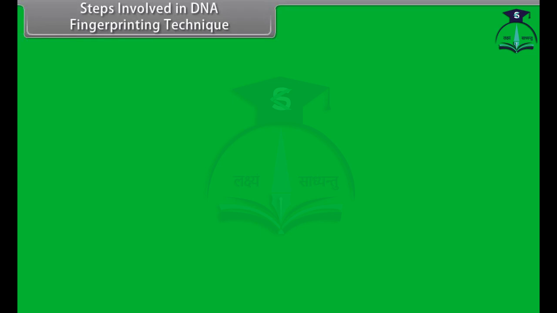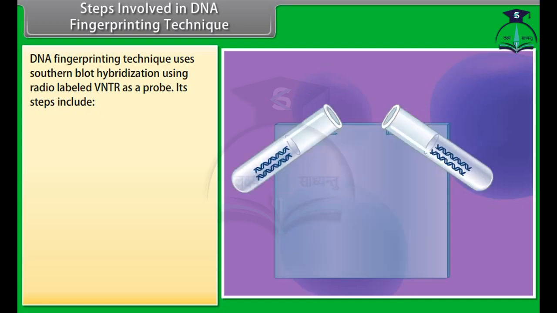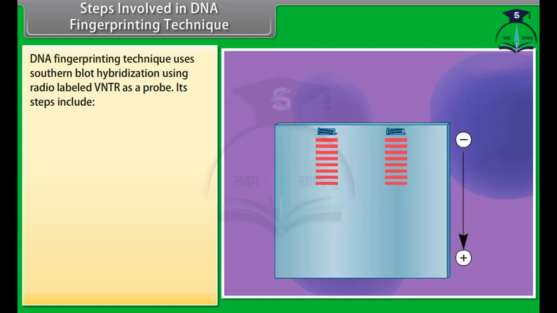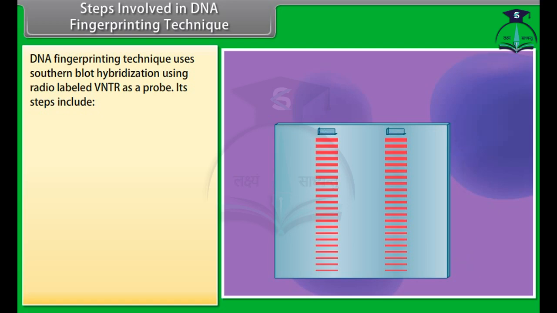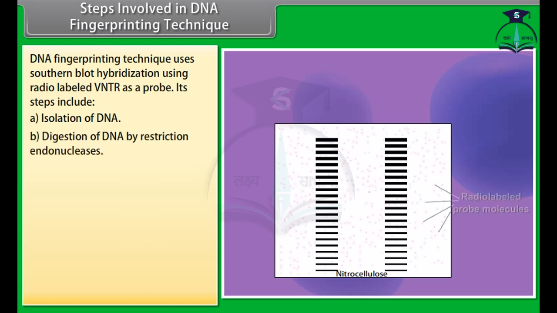Steps involved in DNA fingerprinting technique. DNA fingerprinting uses Southern blot hybridization using radio-labeled VNTR as a probe. Its steps include: A. Isolation of DNA. B. Digestion of DNA by restriction endonucleases.